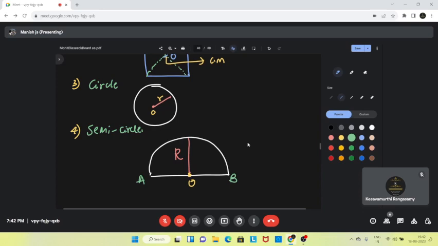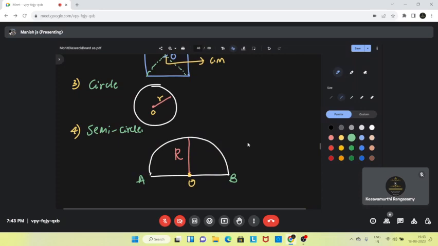Now I am trying to find out the center of mass for this corresponding figure. When you identify the center of mass for this figure, you will see the radius at a particular distance.